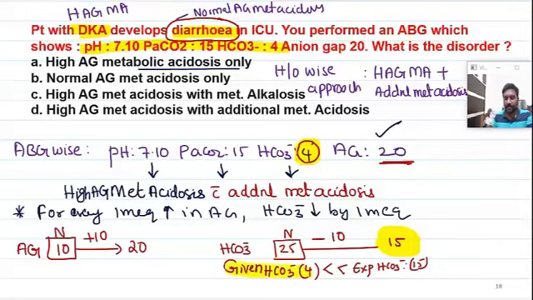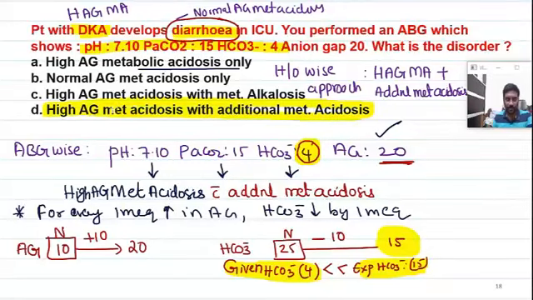So the given bicarbonate is very much less than expected bicarbonate, meaning some other disorder has decreased the bicarbonate very much. Any disorder that decreases bicarbonate in excess is an additional metabolic acidosis. So the complete answer is high anion gap metabolic acidosis with additional metabolic acidosis.